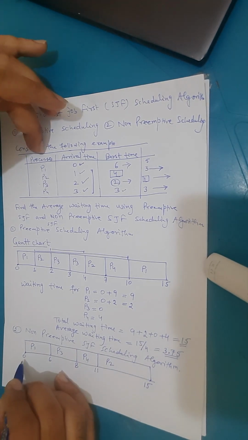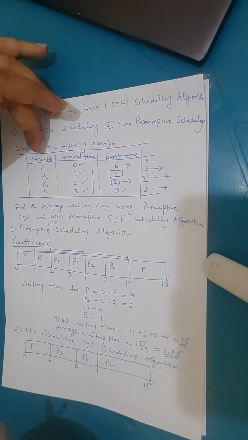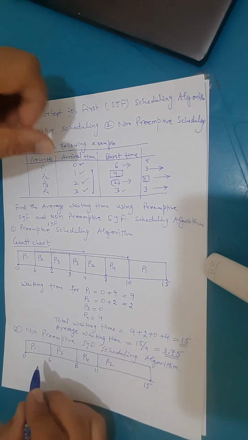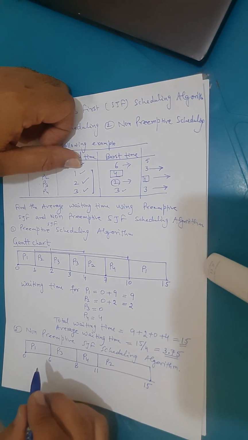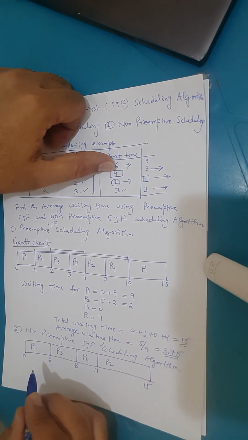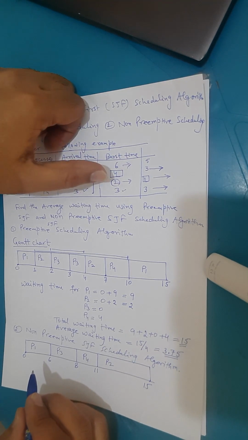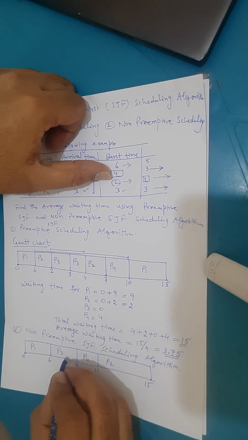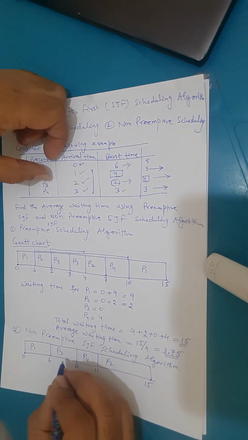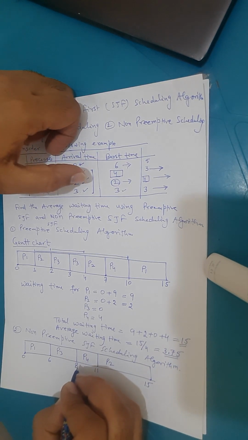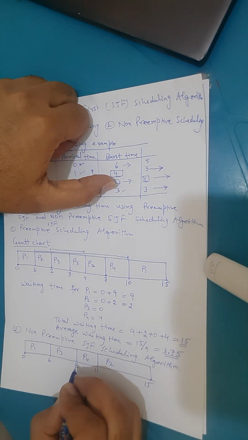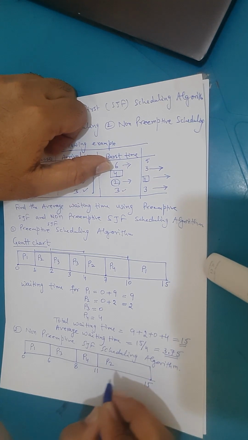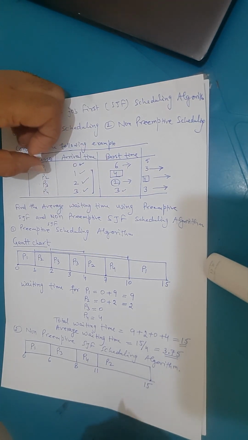At 6, there are three processes now in the system, P2, P3 and P4. So you will find the minimum burst time. P3 has the minimum burst time, so P3 will execute now, right? After that P4 will execute, because P4 has the smallest burst time, 3, then P2 will execute, right?